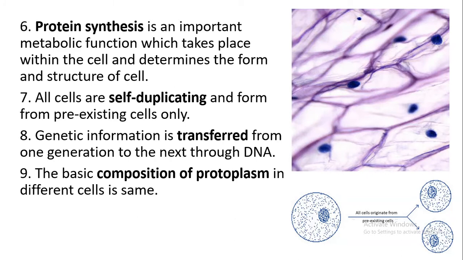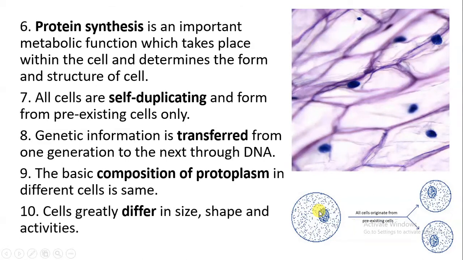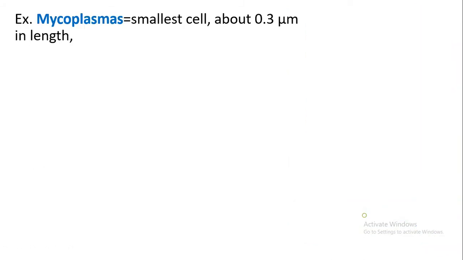And when we look at the protoplasm of every cell, protoplasm meaning the nucleus, organelles and cytoplasm, the protoplasm of every cell is quite similar. But cells can differ greatly with respect to size, shape and number of activities. If we talk about some examples of cells which have so much variation between them, like the mycoplasma.